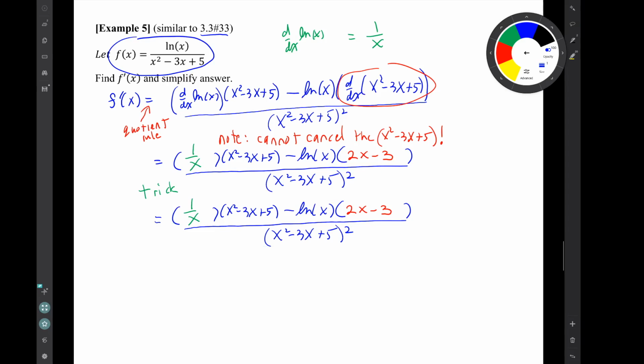Okay, so I've copied that whole expression. Now I'm going to do something. For this upper right term, I'm going to multiply and divide by x. The reason I did that is because that way then both of my terms in the numerator have a 1 over x. So I can bring that 1 over x out front.